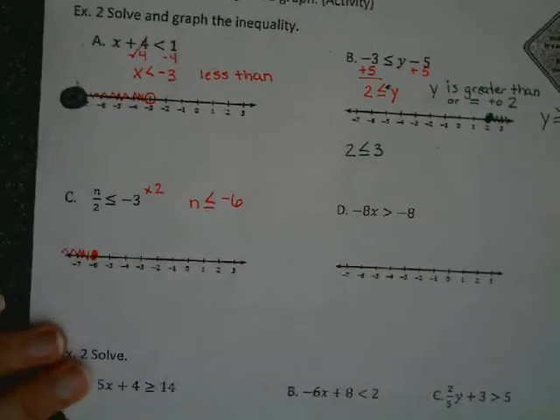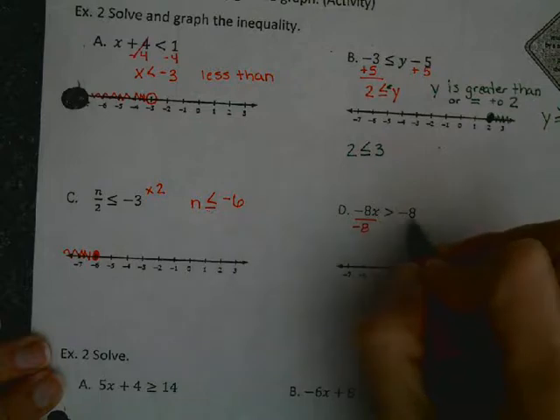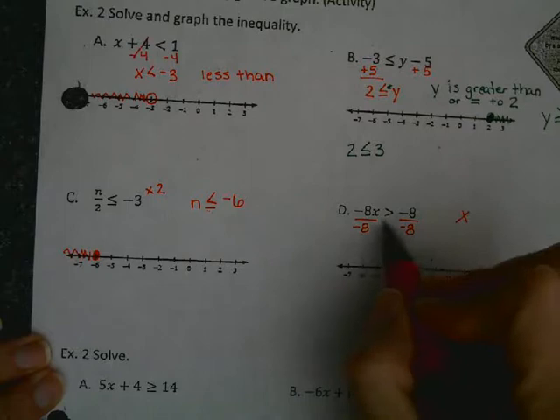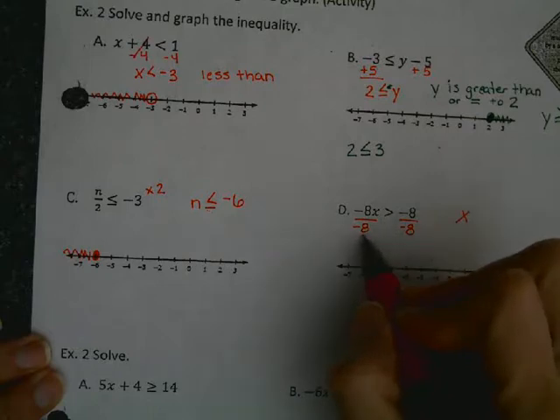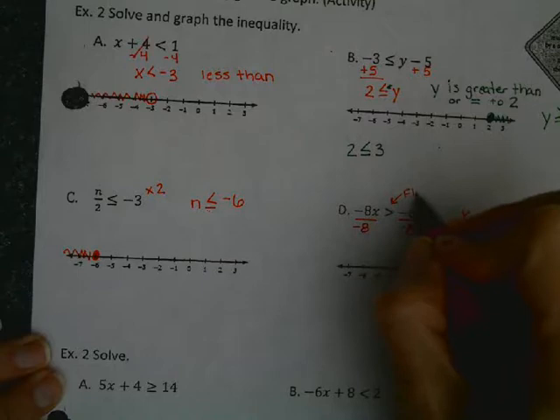This last one here, we're going to divide by -8. So we have x, but here's the thing, when you divide by a negative number or multiply by a negative number, it's going to flip the inequality sign because we divided by a negative.